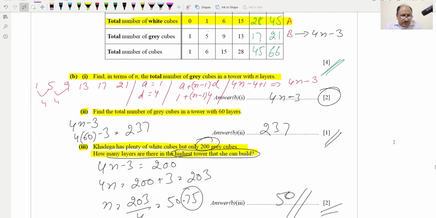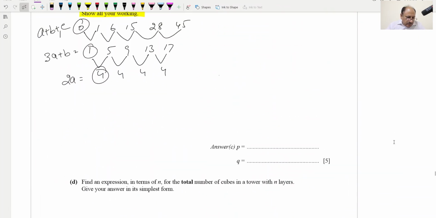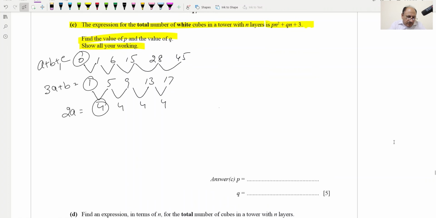I need to check. Yes, this is 0. So these are the equations which we will be solving. So 2a is equal to 4. This implies a is equal to 2. So a is equal to 2 is our value.